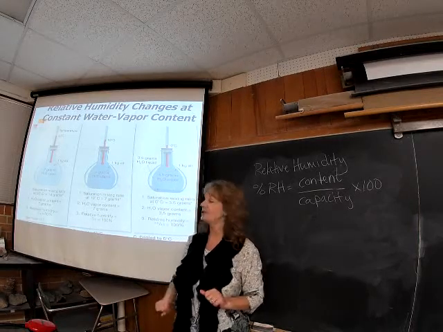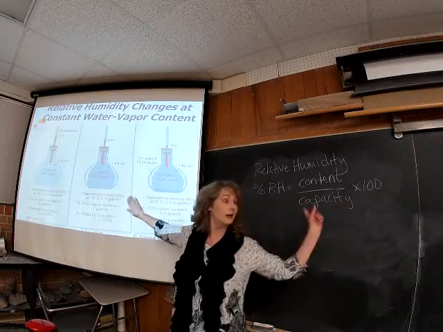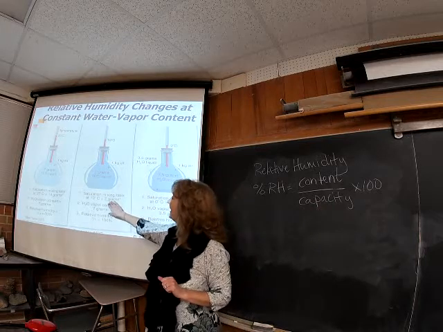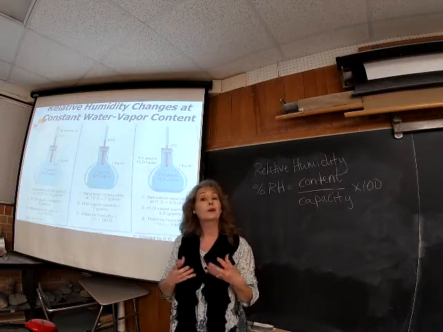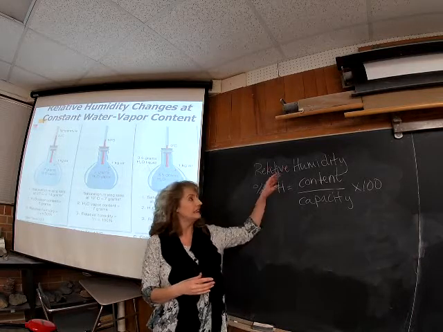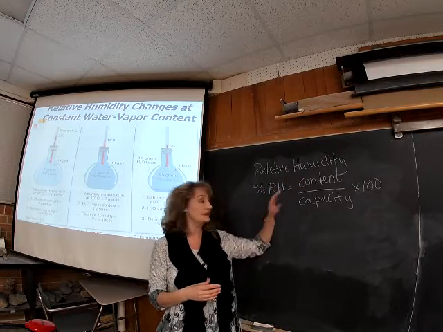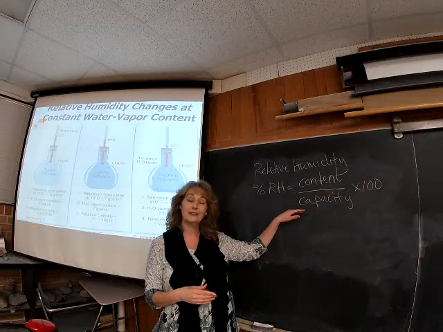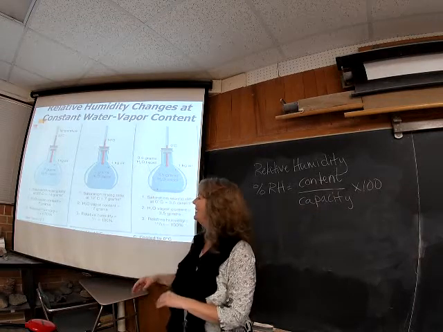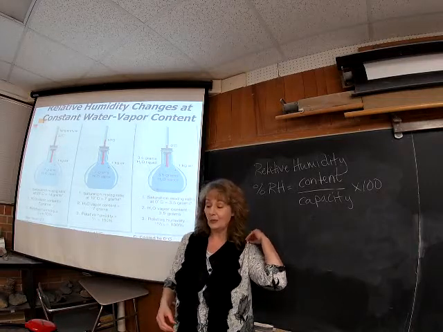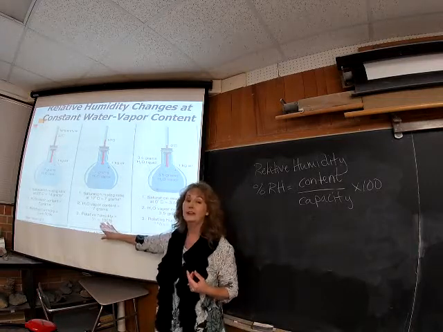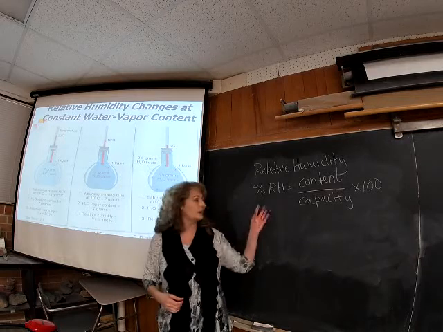That changes our saturation mixing ratio, our capacity, to now we can only hold 7 grams of water vapor per kilogram of air. So we have 7 grams of content, and now we can only hold 7 grams for capacity here. So 7 divided by 7 times 100 equals 100% relative humidity.